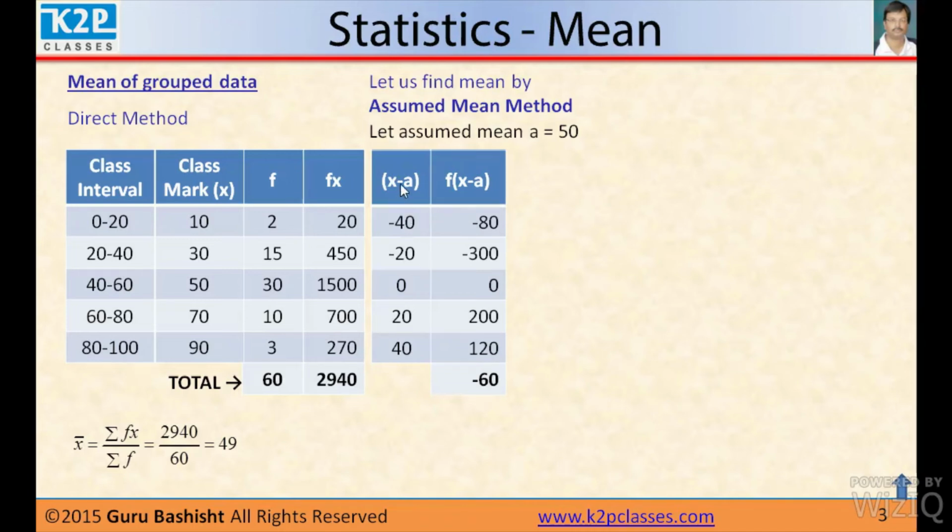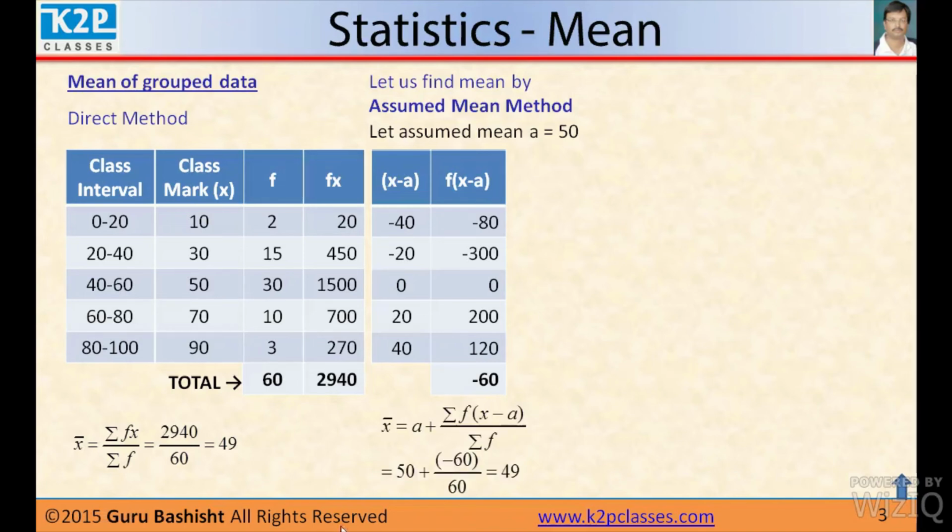So these are x minus a deviations. We multiply by f. So f into x minus a is minus 80, minus 300, 0, 200, 180. If we add, we are getting minus 60. So this number is small. If you take any other number, this sigma f into x minus a would be more. The sum of deviations will be more, and it will be a calculating problem. That is why we take a mean which is nearby in the middle.